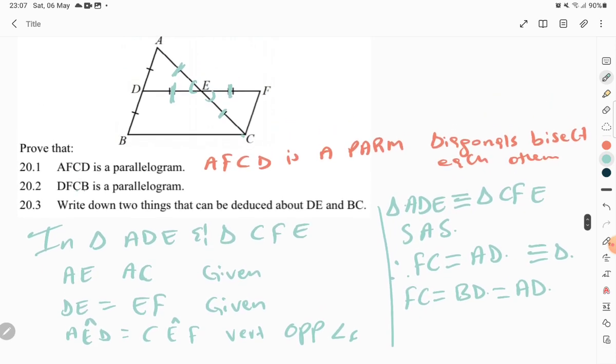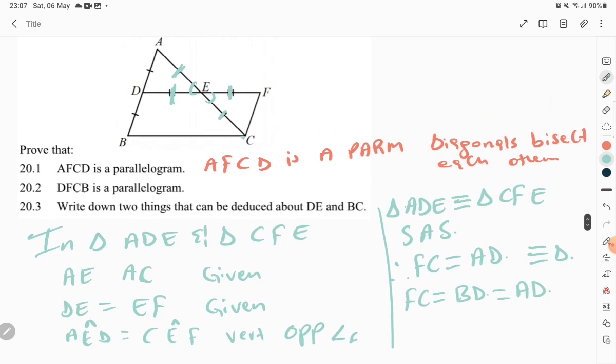So also we can tell that angle A is equal to angle C. You can see that these angles are alternating to each other. Okay, so these angles are alternating to each other.